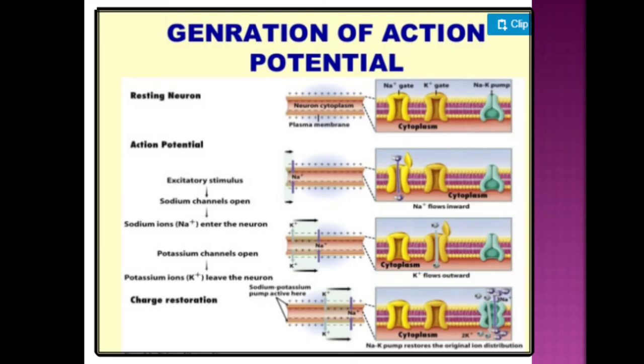Now, generation of the impulse in the axon is the main part. The sodium channels open and the sodium ions enter the neuron, and the potassium channels open, then potassium ions leave the neuron. This is the charge restoration, and the sodium-potassium pump restores the original ion distribution.